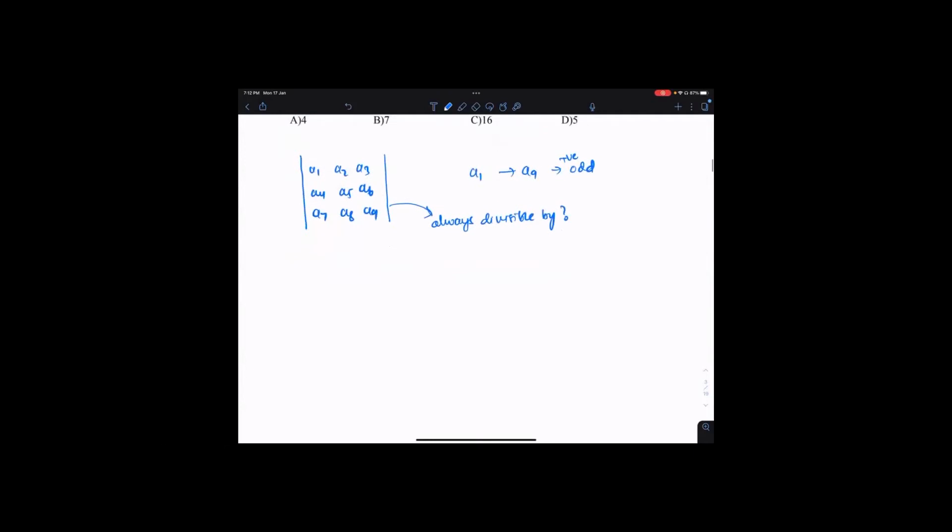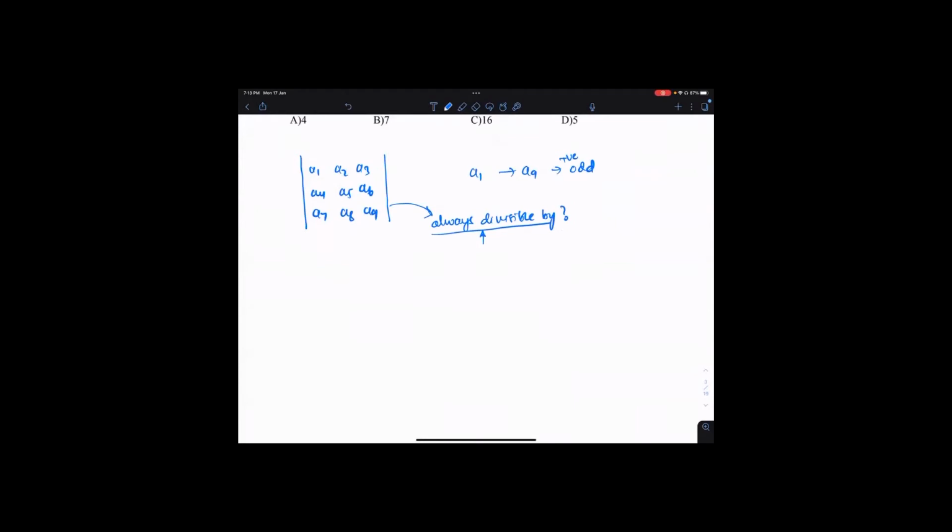Okay, so you can say that it is divisible by 1. Yeah, because no matter what is the answer, every number is divisible by 1. Correct? But we are not expecting that kind of answer. What is the maximum number you can give?